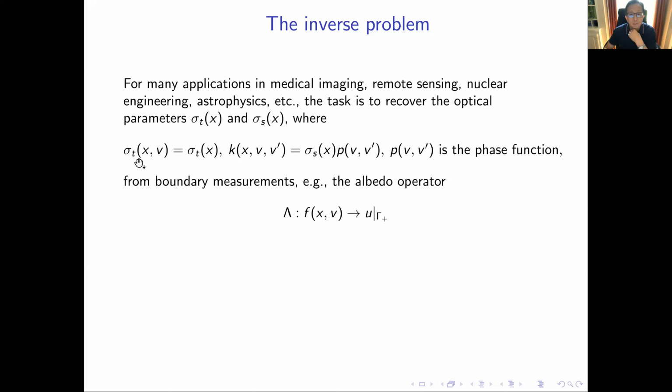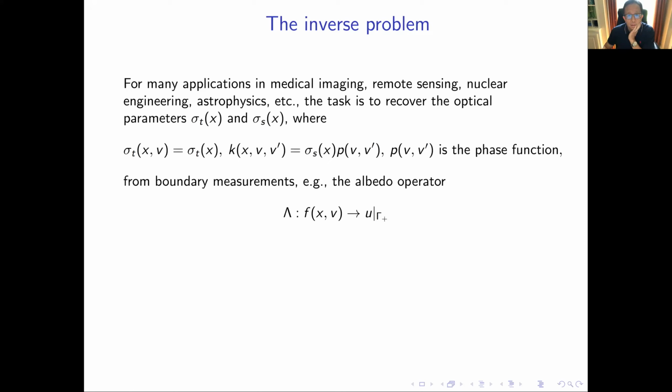In our future discussion we assume the kernel function is even simpler, but in general the kernel function can depend on location. It tells you the probability of a particle in one direction going to another direction. The absorption does not depend on the direction, only on the location.